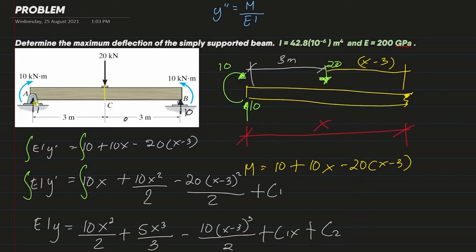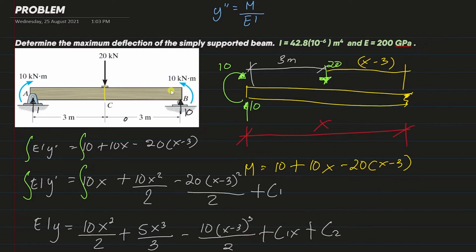It is symmetrical because these concentrated moments are symmetrically and uniformly distributed, the supports have the same magnitude, and also the location of the loading. The geometrical properties of our beam are uniform too.